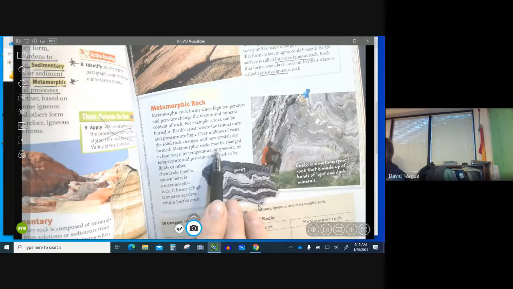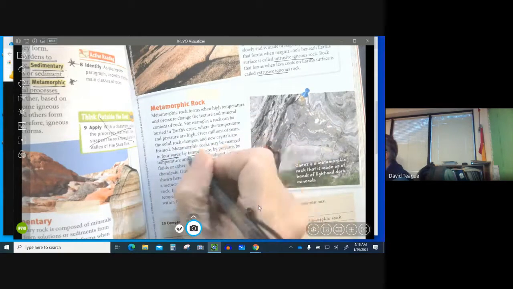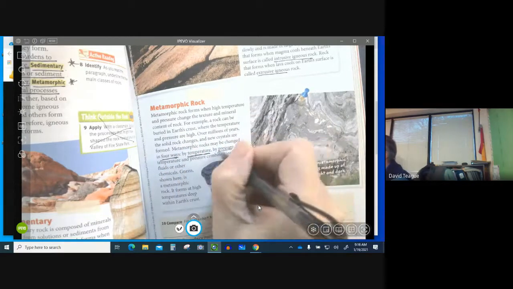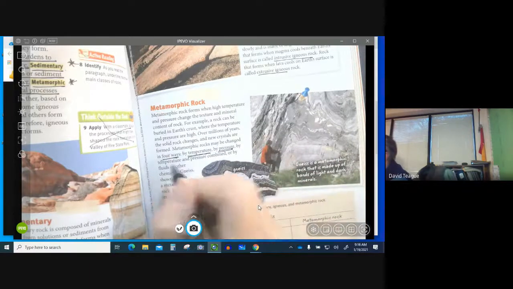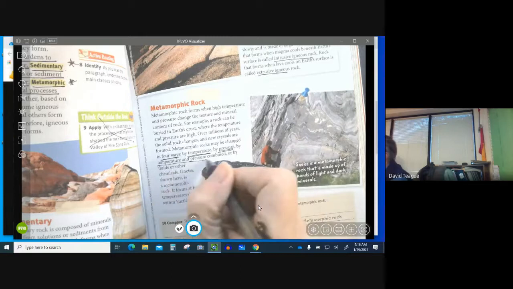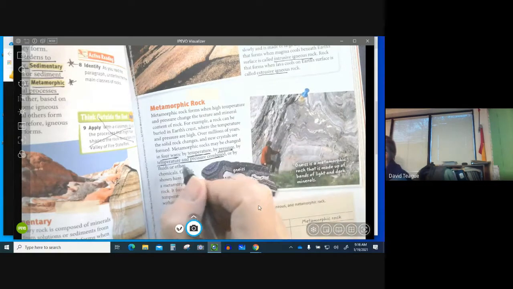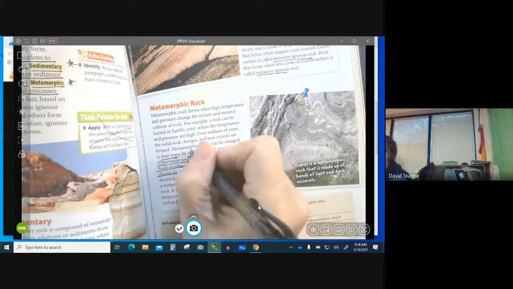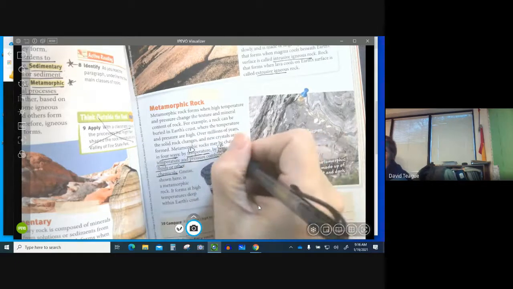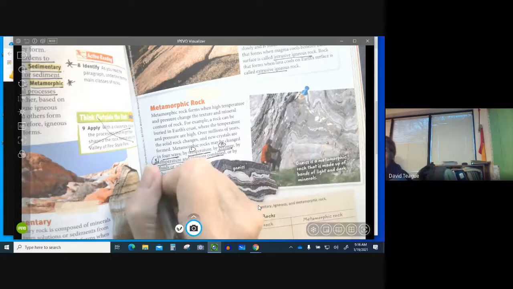Metamorphic rocks may be changed in 4 ways: by temperature, by pressure, temperature and pressure combined, or by fluids or other chemicals.